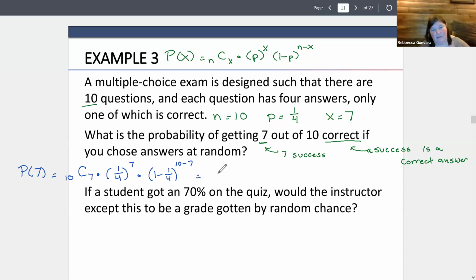We could skip some of these steps and go a little quicker, but my combination is 10 choose 7, then the probability of 1/4 to the power of 7, and my fails is not 1 minus 1/4. The chance of a fail is 3/4, which makes sense because I have 3 that are incorrect out of my 4 answers. I'm looking at 10 questions. If 7 are correct, then 3 would have to be incorrect.